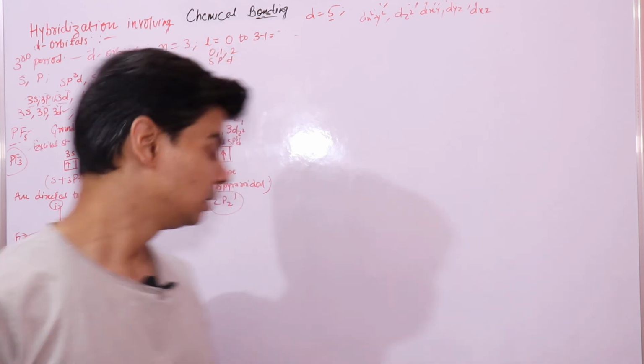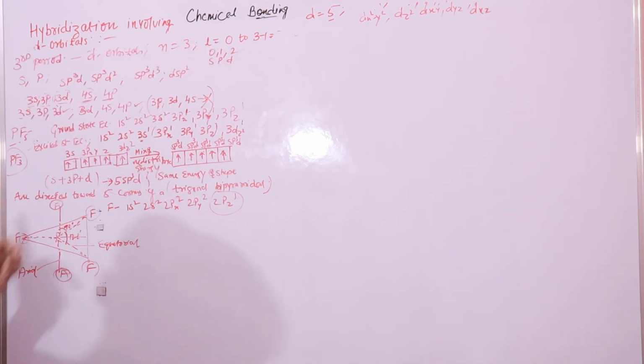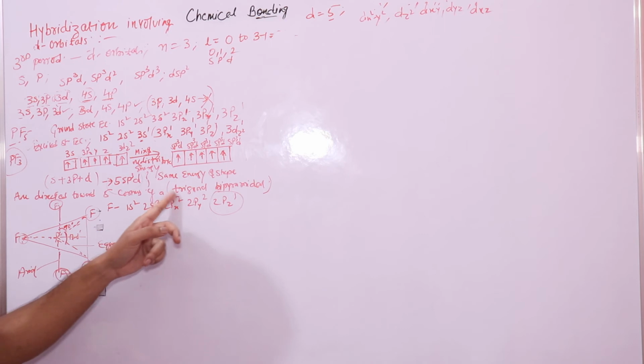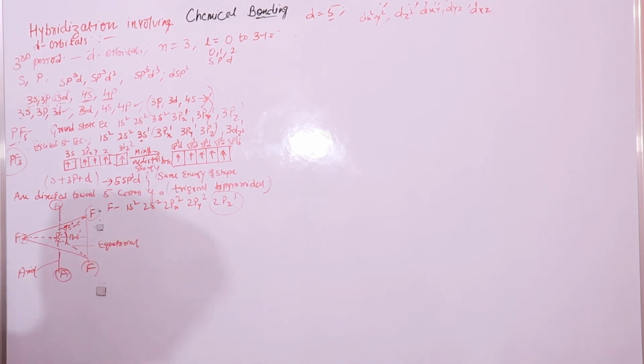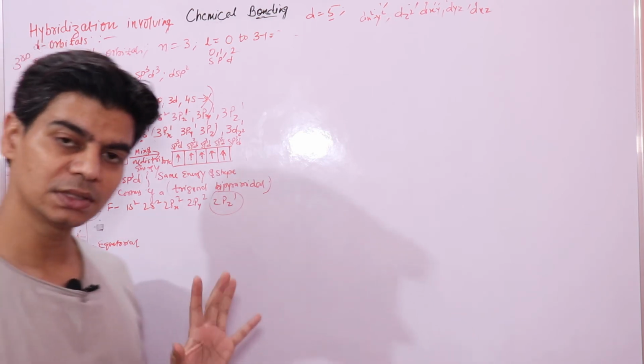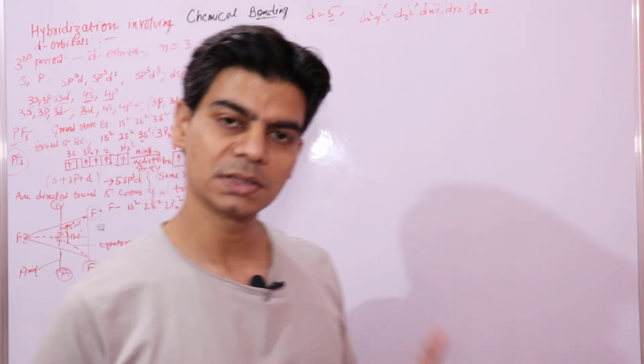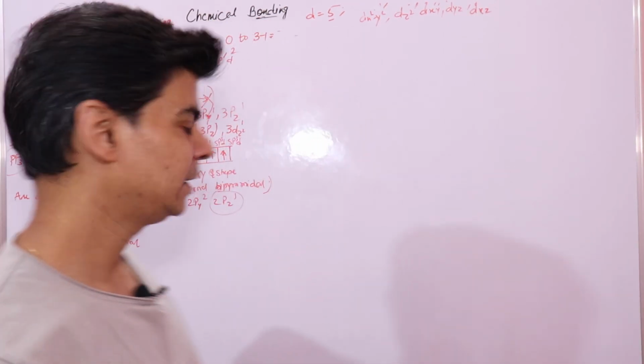Due to which the molecule of PF5, which has sp3d hybridization, does not have a regular geometry, right? This has an irregular geometry. So due to this irregular geometry, this molecule is a little unstable, right?